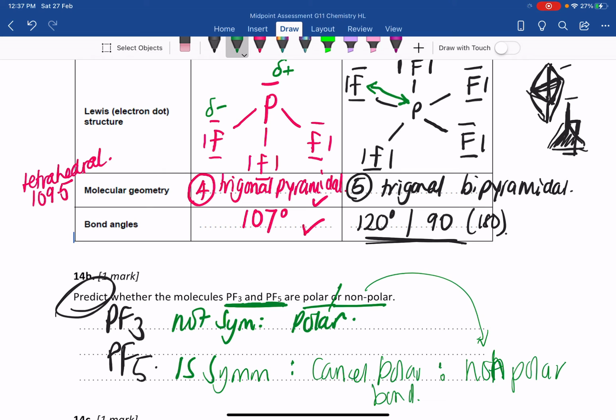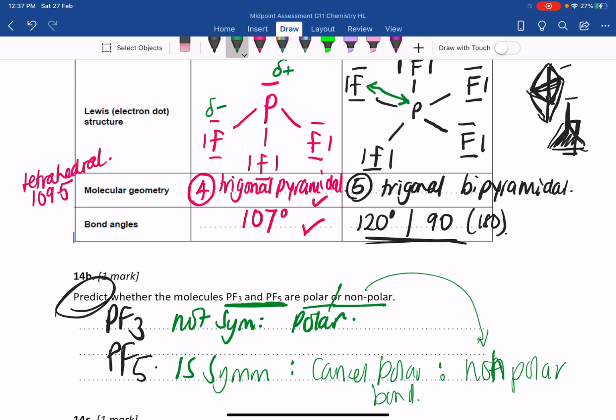Every single one of those fluorines has the exact same environment. Whatever it's looking at, however far away it is from something, every single fluorine is identical. So that molecule is symmetrical, even though I appreciate that when you look at it, you might not immediately see that it looks symmetrical.